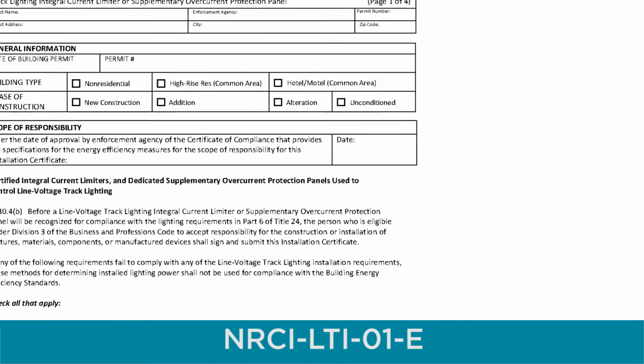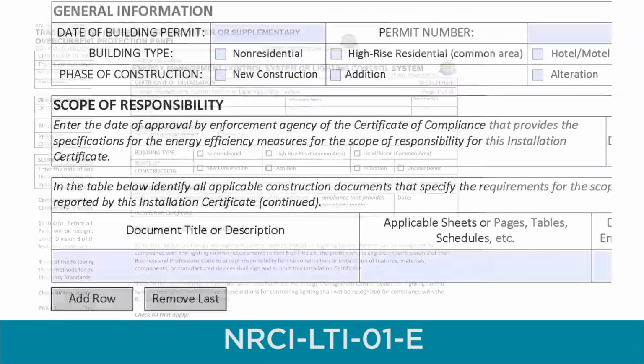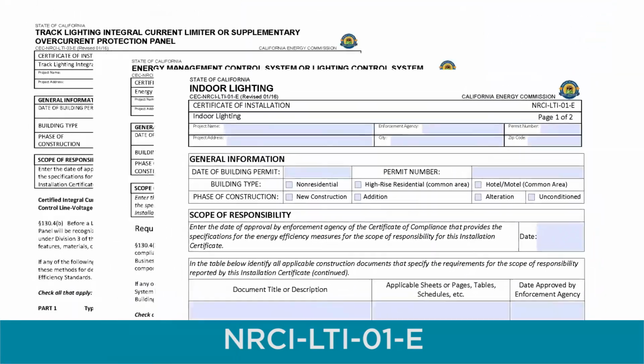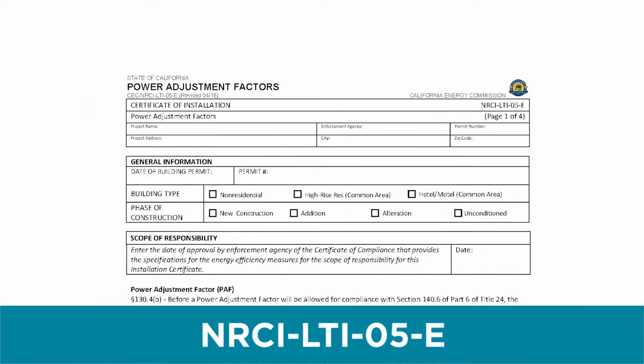Following installation, compliance is documented on Certificate of Installation NRCI-LTI-01-E. Details on installed shutoff controls must be provided on this form. In addition, if occupancy sensors are installed to qualify for a PAF, Certificate of Installation NRCI-LTI-05-E is required.